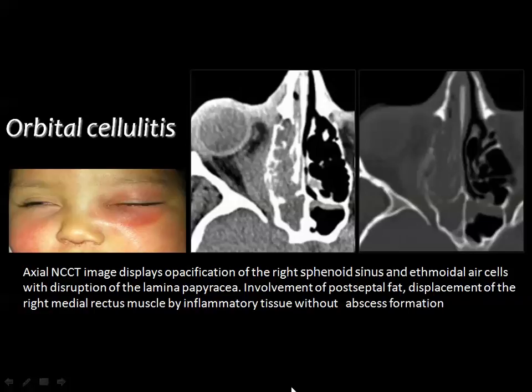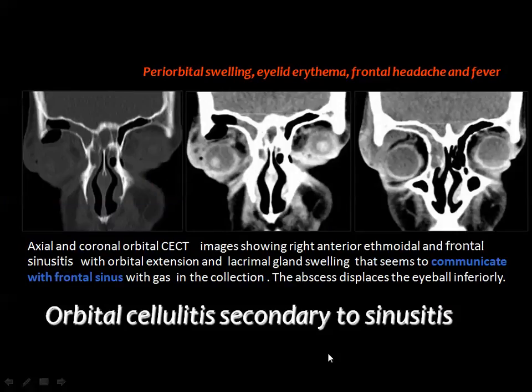And here you can see ethmoidal and sphenoidal sinusitis on the right side, with extension of the inflammatory granulation tissue inside the medial part of the orbit, inseparable from the medial rectus and also reaching the optic nerve. This is an example of orbital cellulitis secondary to ethmoidal and frontal sinusitis.